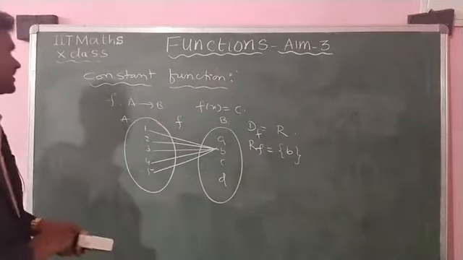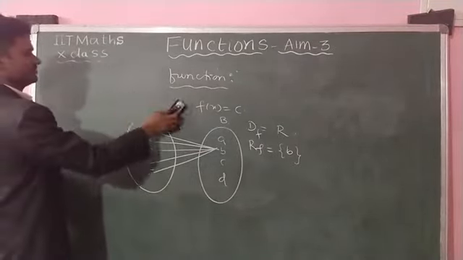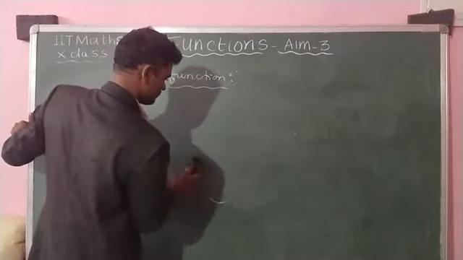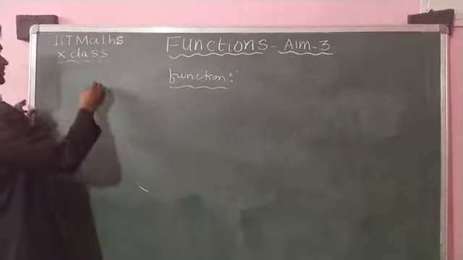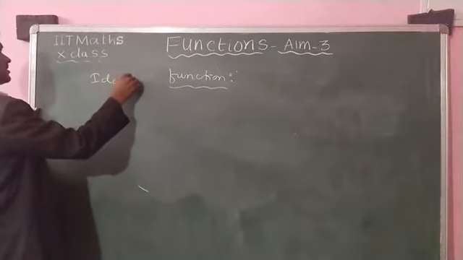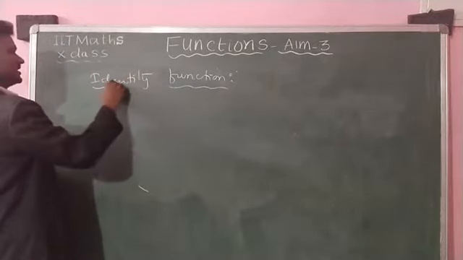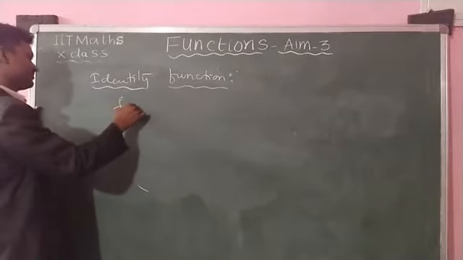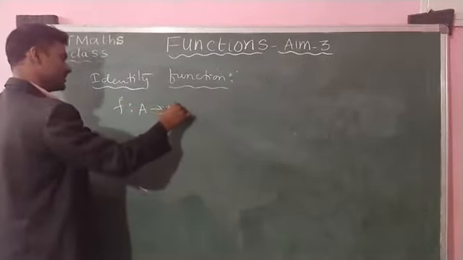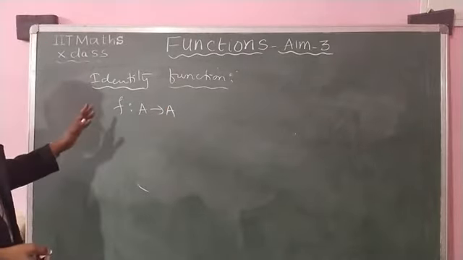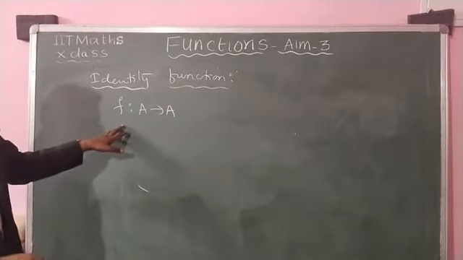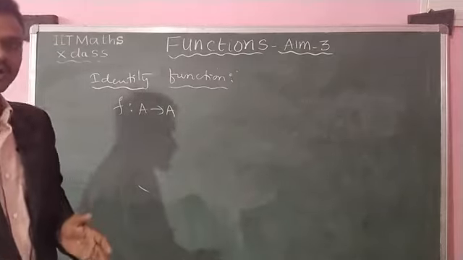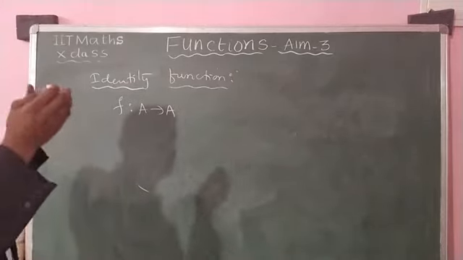Next one is the identity function. Identity function, f is a mapping from A to A. Before, for functions you had A to B. In this function you have to take A to A. A to A means all the elements map to the same elements.